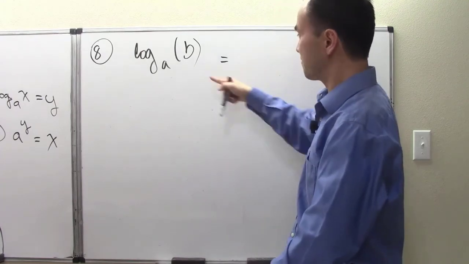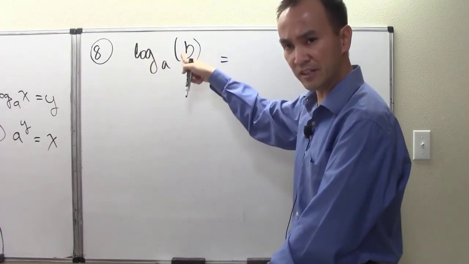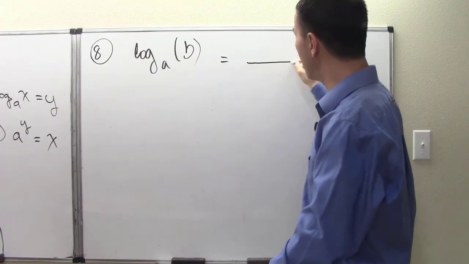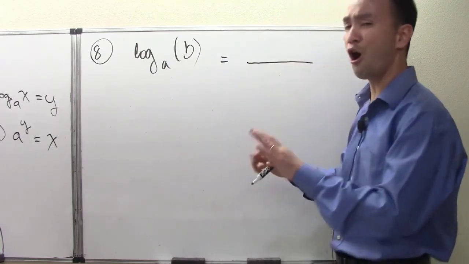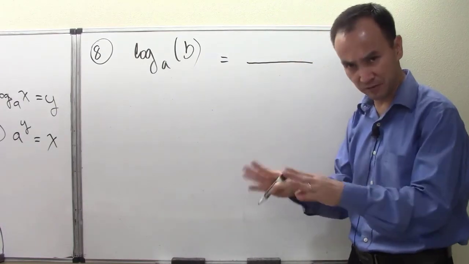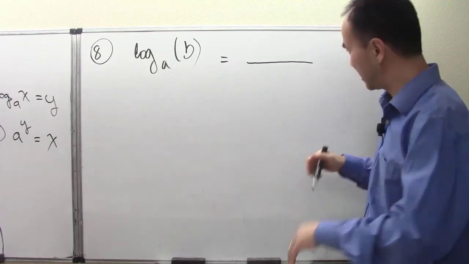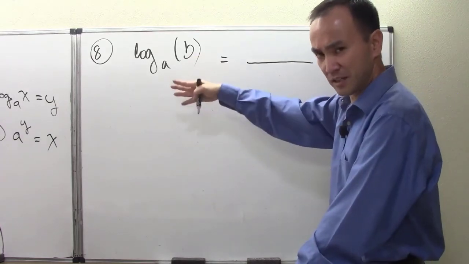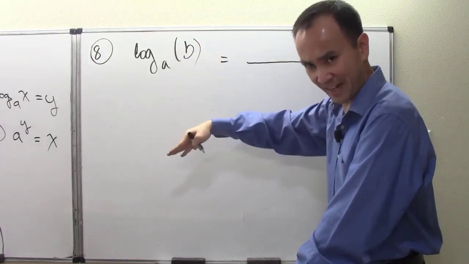Now this log base a of b will always equal to... It's a proven rule, special enough that I have to leave it as the last one right here.